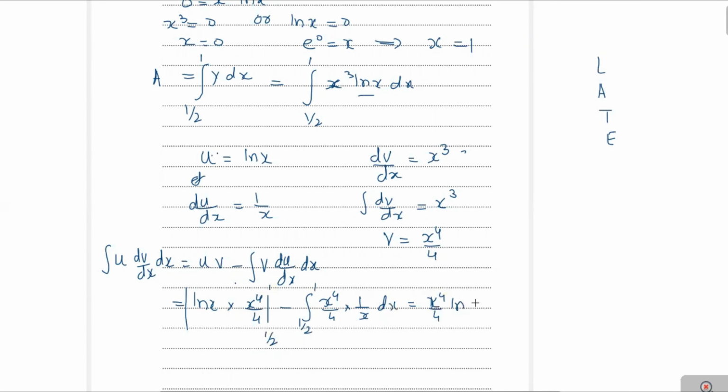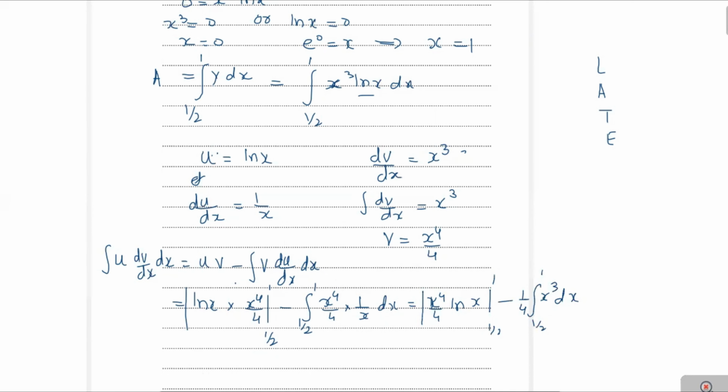That is x power 4 ln x, with the limits 1 over 2 to 1, minus the integral of x cube over 4. We can write it as minus 1 over 4 x cube dx, with the limits 1 over 2 to 1.